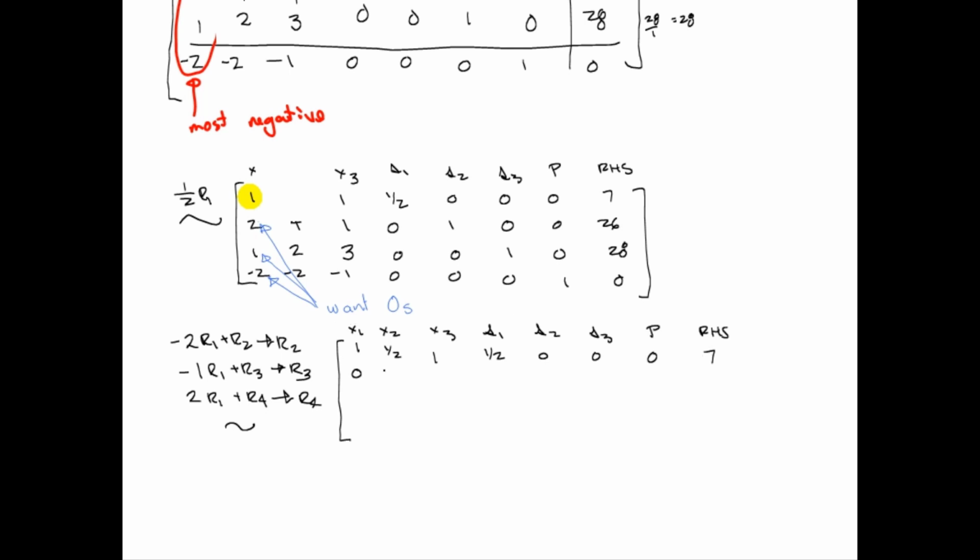Then I have 0, 3, -1, -1, 1, 0, 0, 12. Third row, 0, 3/2, 2, -1/2, 0, 1, 0, 21. And then for my very last row, 0, -1, 1, 0, 0, 0, 1, and 14.